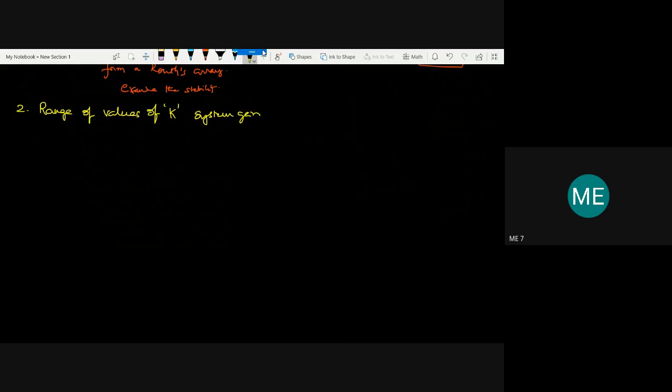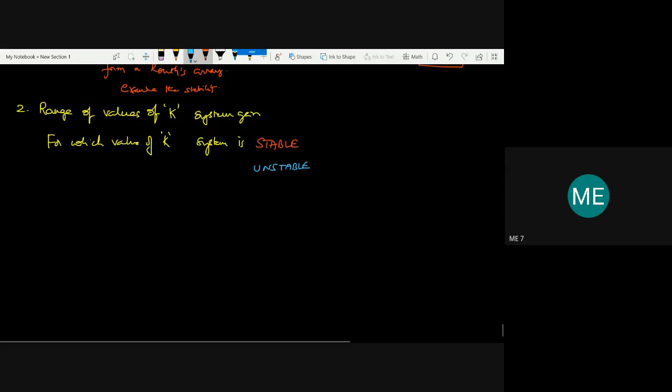For which value of k is the system stable, or for which value is the system unstable, or for which value is it going to be marginally stable.